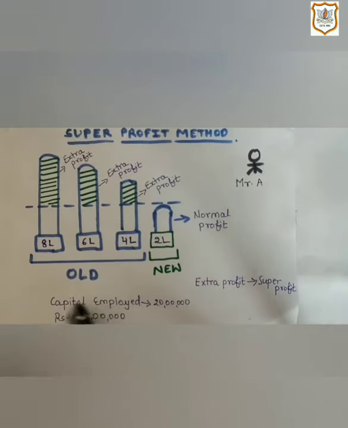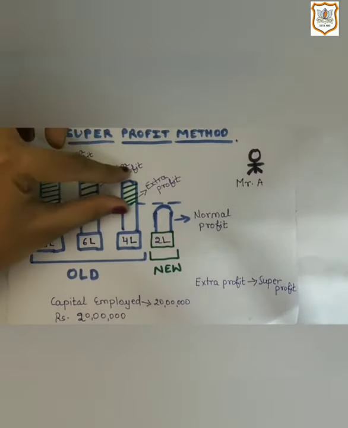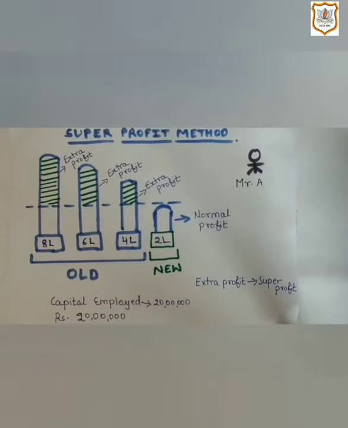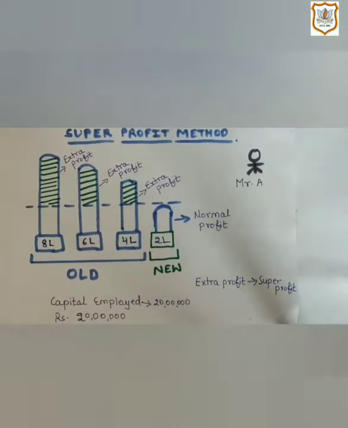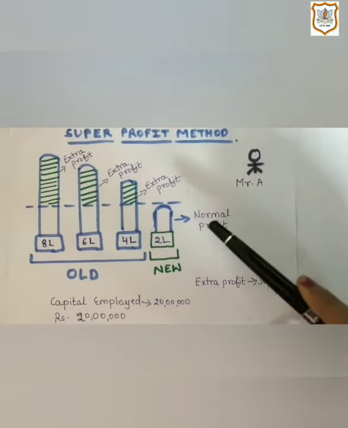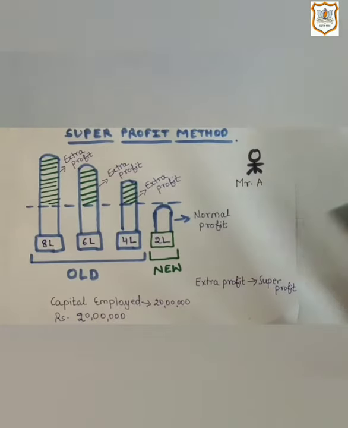This is because these old businesses have goodwill. They are earning so much extra profit. But Mr. A is a new player in the market. If he creates a new business, then he will earn only minimum profit, and that minimum profit will be called normal profit.